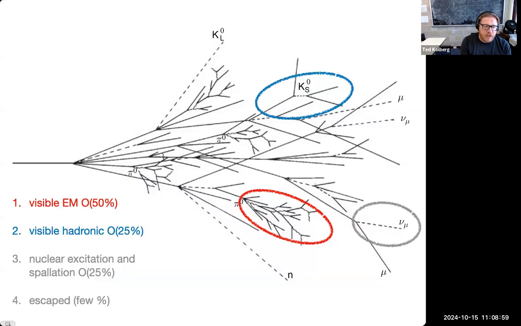But then there are other parts of the energy which are difficult to measure even in principle. A big fraction of the energy, maybe 20–25%, goes into actually exciting individual nuclei in the material.